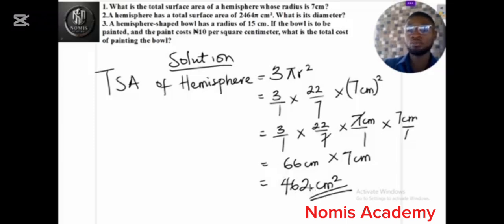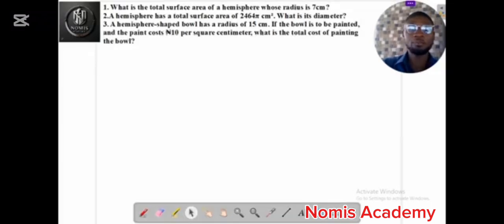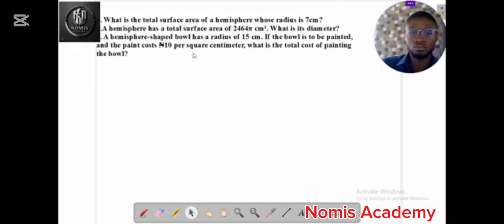Let's see example number 2. A hemisphere has a total surface area of 2,464 pi centimeter squared. What is its diameter? So this question is asking for the diameter now. So let's go into the solution.